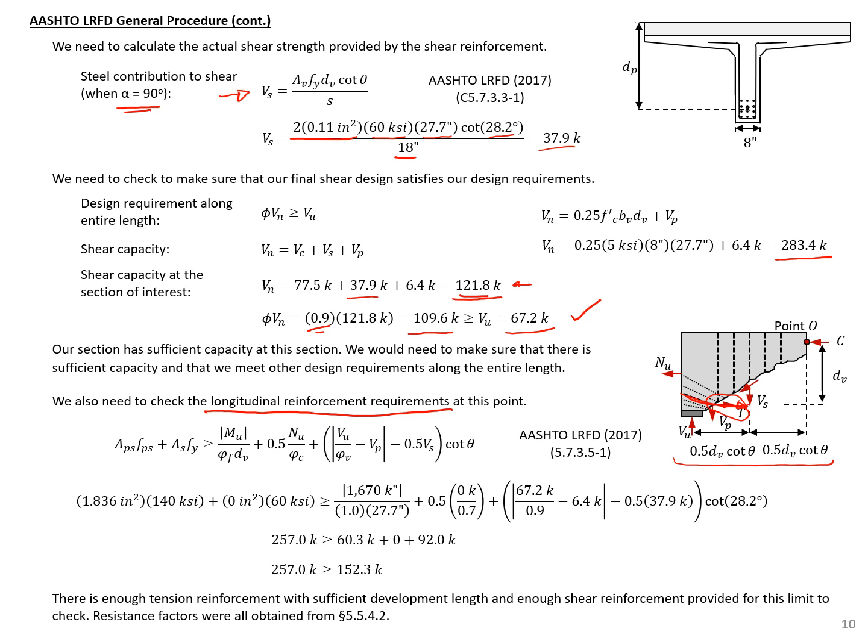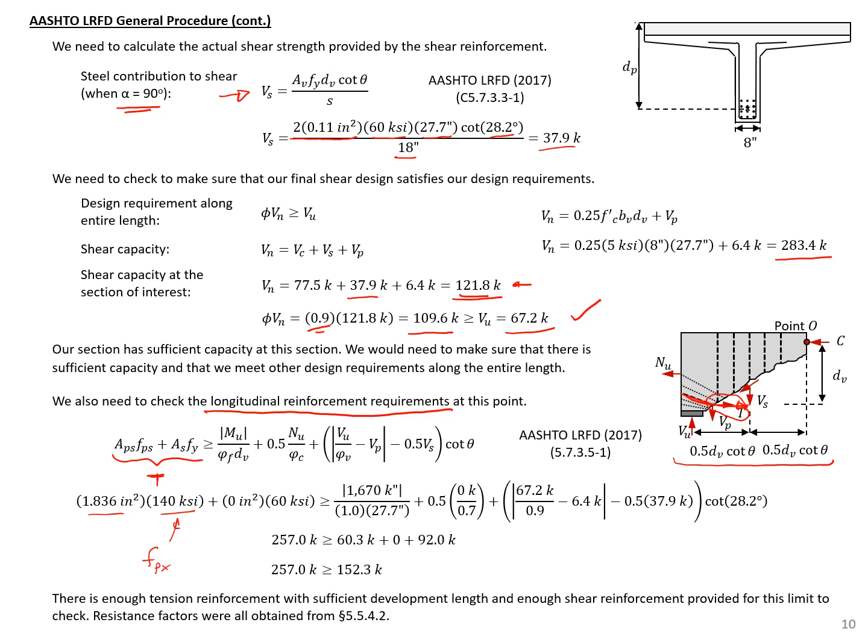So we need to make sure that that tension force, which is all these components on the left side, is greater than all the forces that are wanting that crack to open, which are all on the right side. So here we have Aps times fps, and note that this is our fpx that we found earlier.